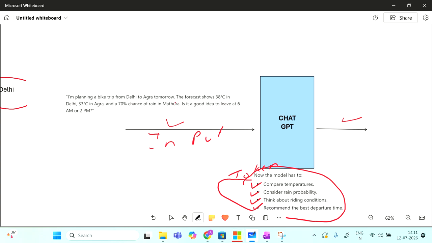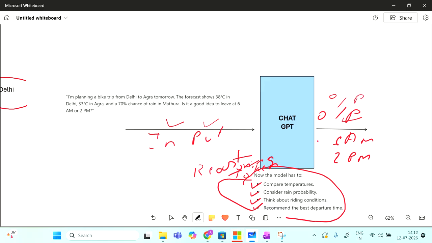So it is my input, cache we have seen, plus reasoning token, and then it will give me an output, whether this can be a perfect time or not, whether 6 a.m. is fine or 2 p.m. is fine. To get this answer, my LLM has to do lots of reasoning. So that is called a reasoning token. So it is taking input token, it is taking reasoning token, ChatGPT is analyzing each and everything, then it is generating my output. Okay.